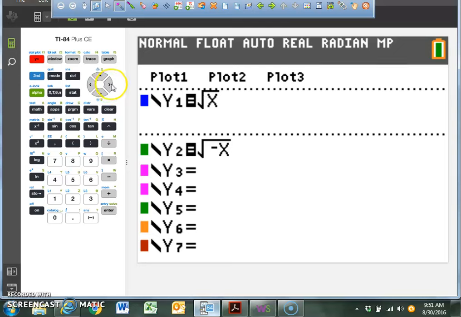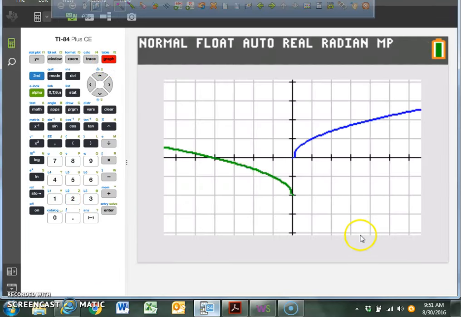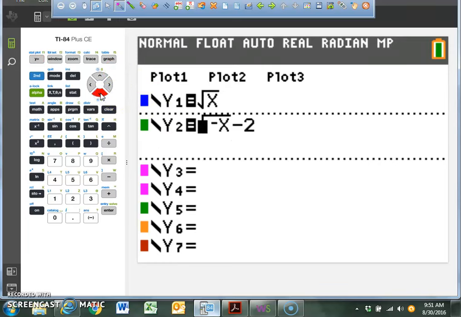And then if I said over here on the outside of the radical, it has to be on the outside of the radical, if I say minus 2, then you'll see it drop down 2 units. The main thing is, look what happens if I don't put it on the outside, but I put it on the inside.